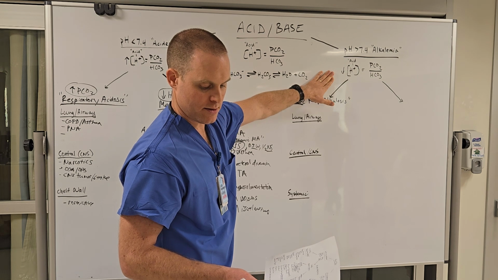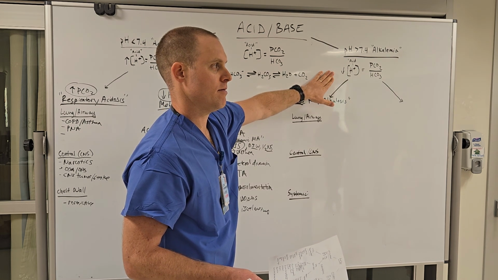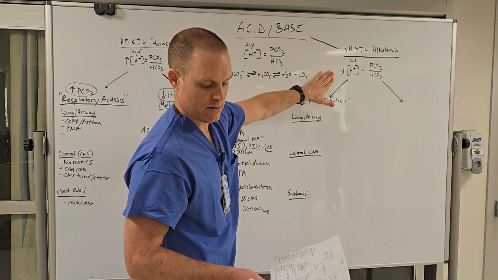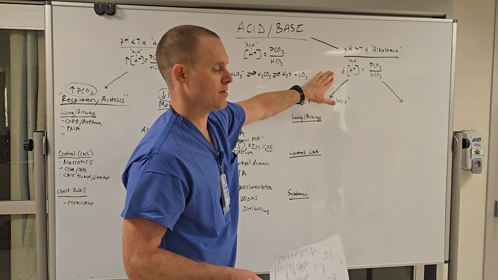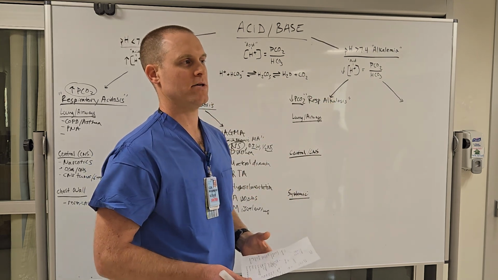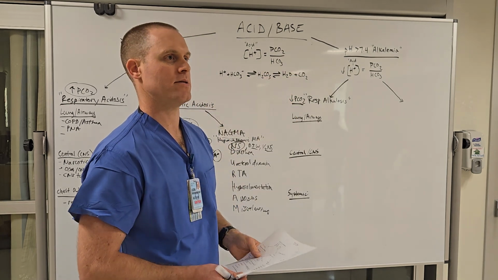Let's see. Pain, anxiety, liver failure, hyperthyroid. Those are other systemic things that can cause us to breathe faster and deeper and breathe down our CO2, breathe it off more. Does that all make sense?